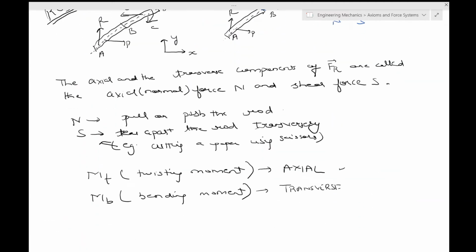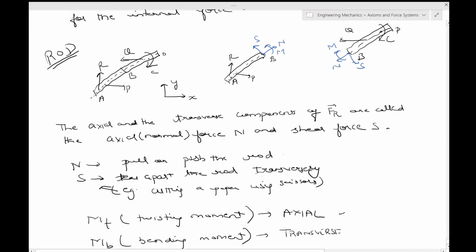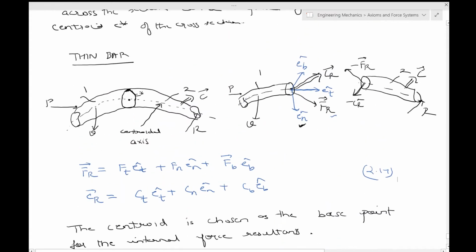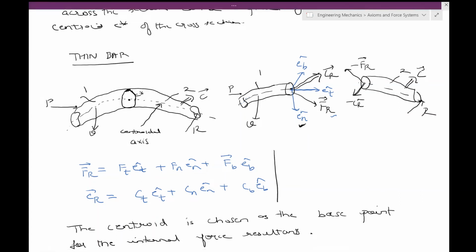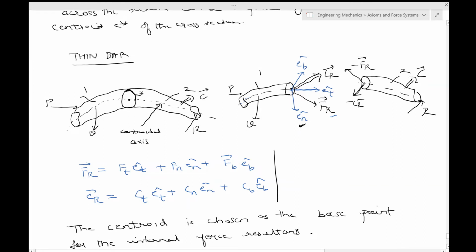So N would be equal to, no, it's this space over here, perhaps I should do that. Let me do this over here, okay. Let me do that with green. This is 217 anyways. So N would be equal to FR dot ET, okay, and this would be equal to FT.